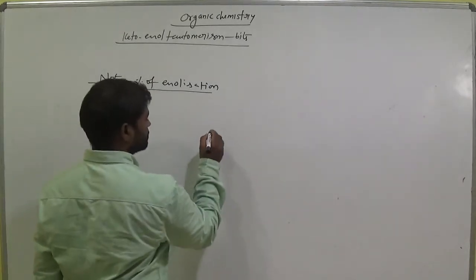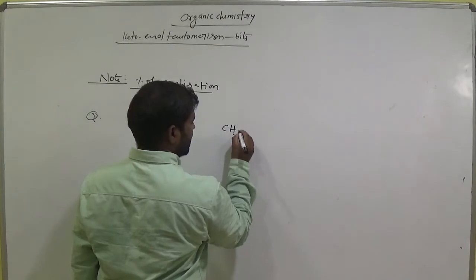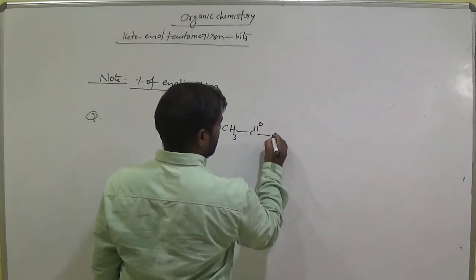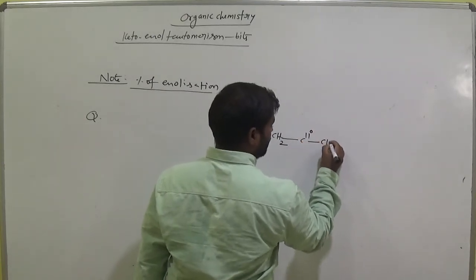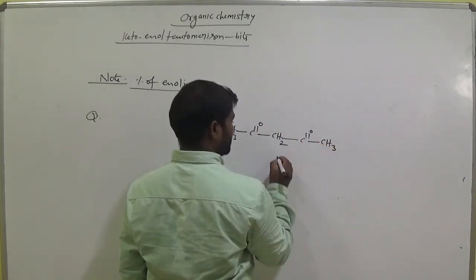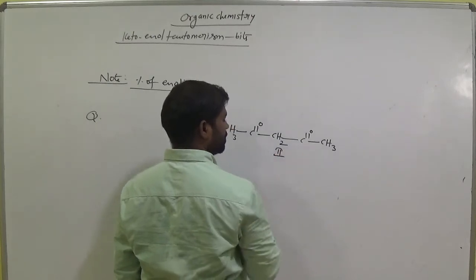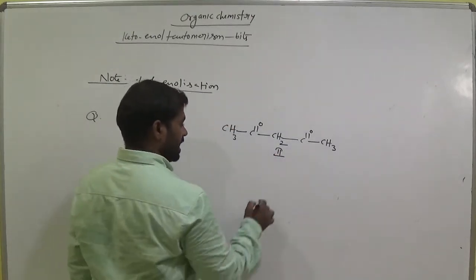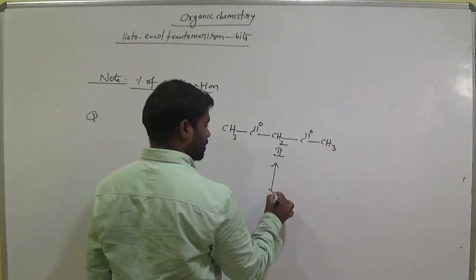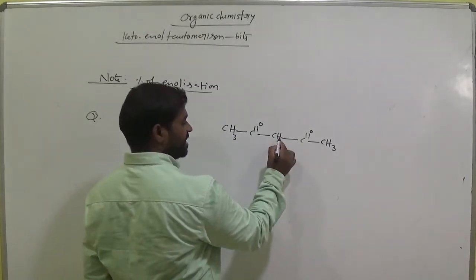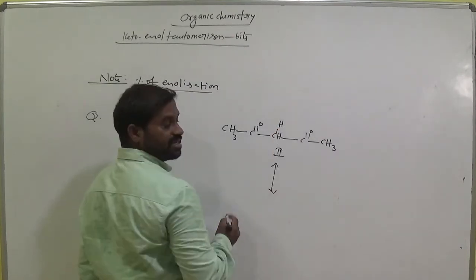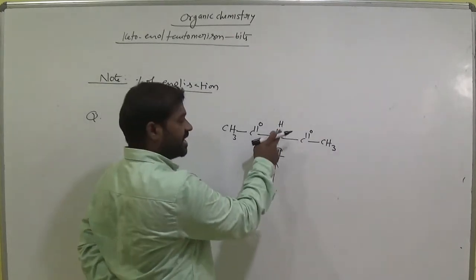And write CH3, C double bond O, CH2, C double bond O, CH3. This is compound number 2. Okay, so CH2 I can write as CH and one more H here. C double bond O, alpha carbon, it has an alpha hydrogen.